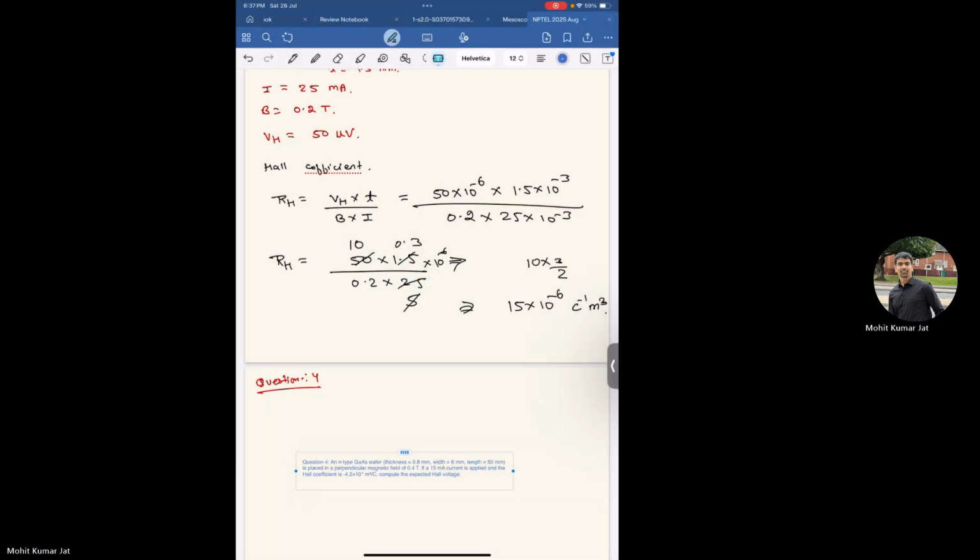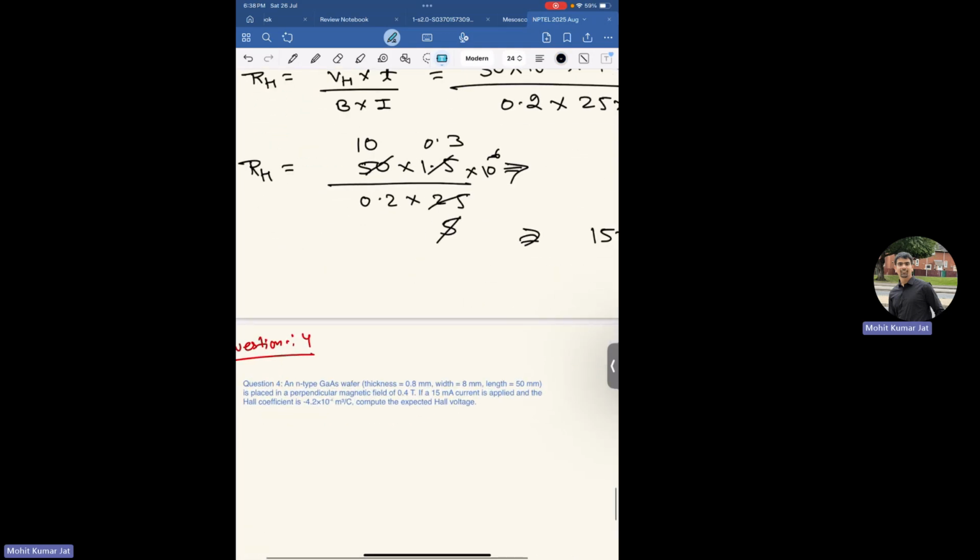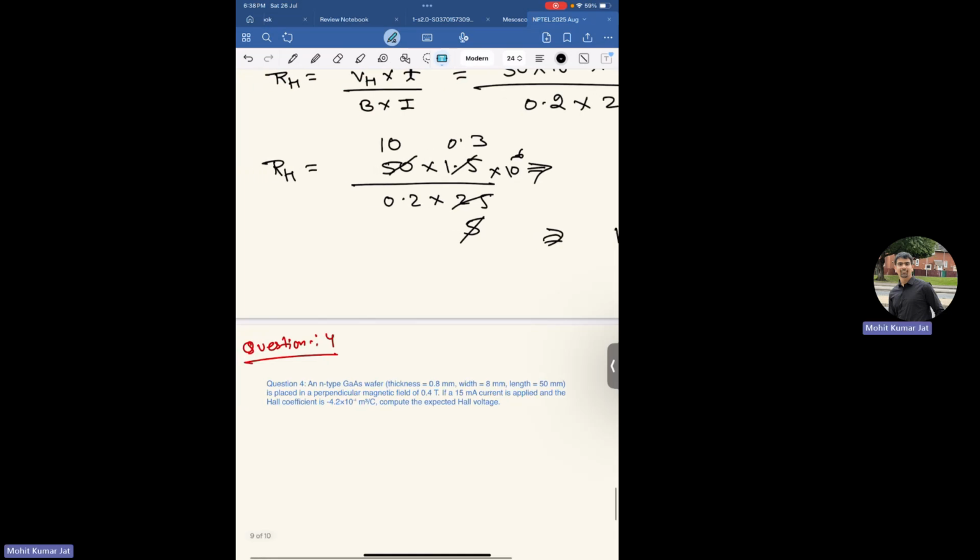So this is the question. You have an n-type gallium arsenide wafer of thickness 0.8 mm. So let's just write what the key parameters are. If you are approaching a problem, always write the key parameters that help us solve the problem.